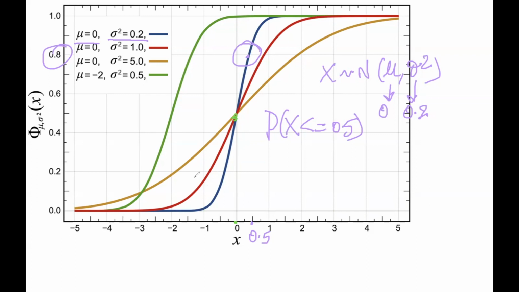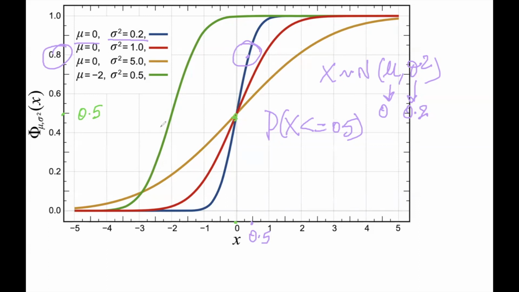So the value corresponding to this 0.5 here will be at 0 for all these three curves, because all of them have a mean of 0.